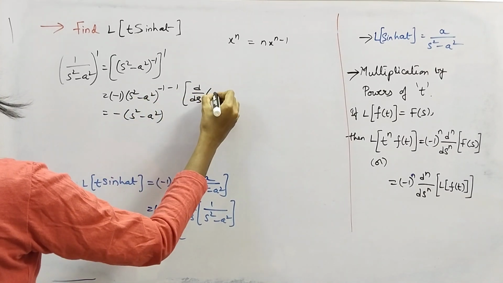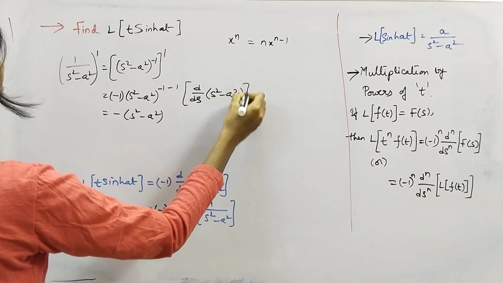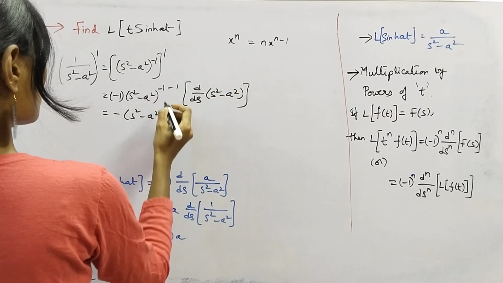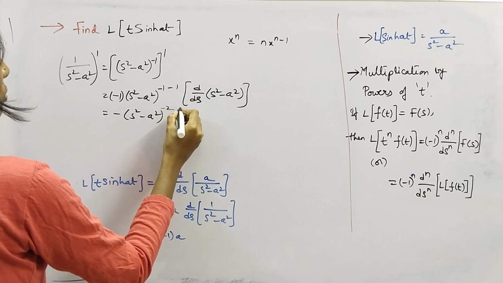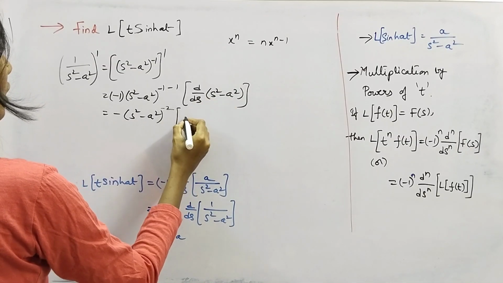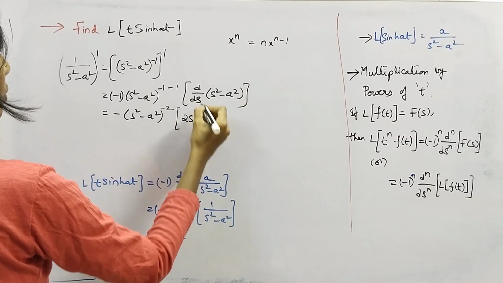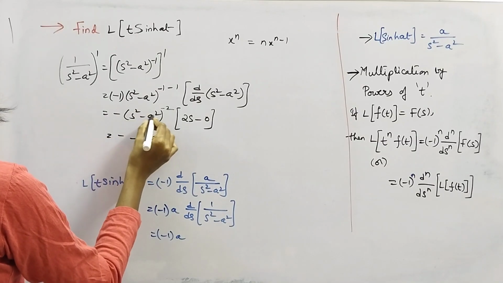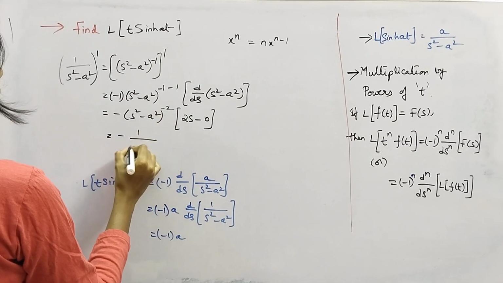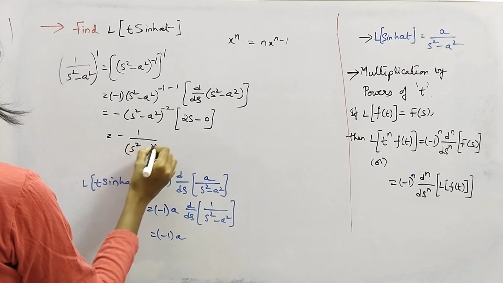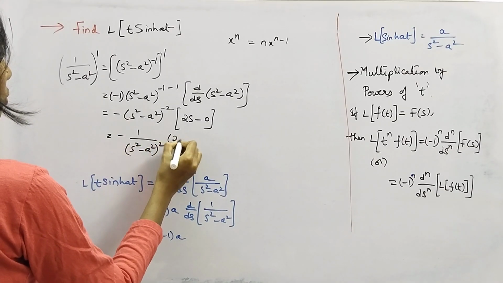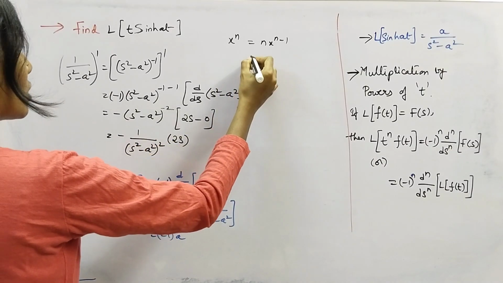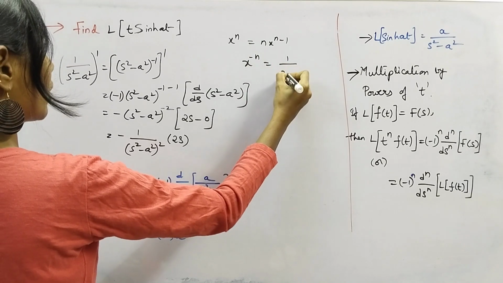power minus 2 into d by ds of, here we need to find the inner derivative, right? The derivative of s square with respect to s is 2s, minus the derivative of a square with respect to s is 0. This gives us minus s square minus a square power minus 2, which is s square minus a square whole square, into 2s, since x power minus n can be written as 1 by x power n.